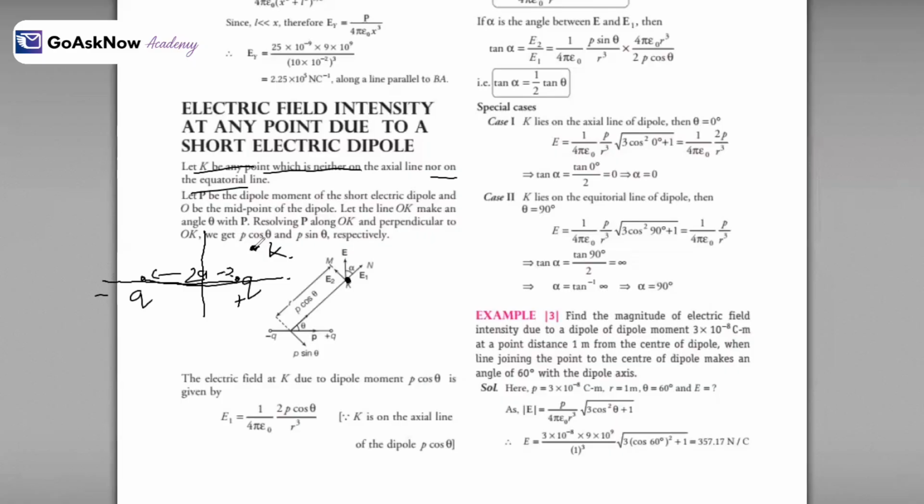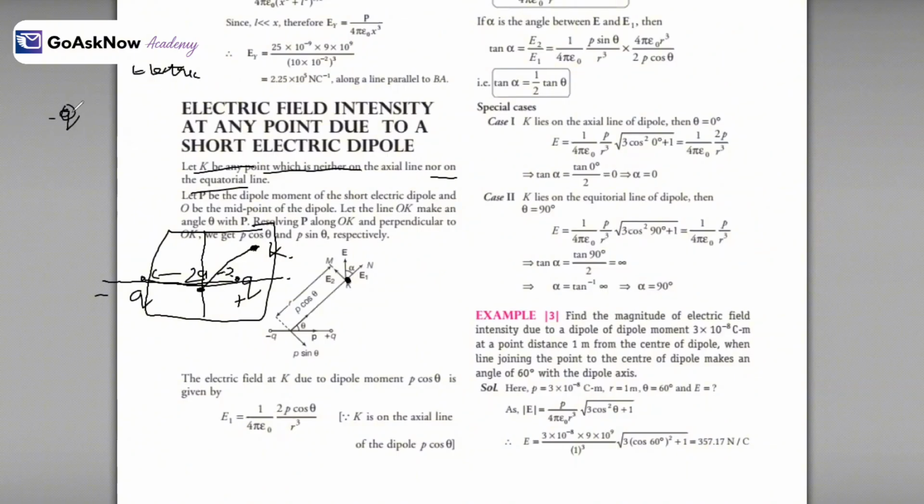So if you join this point with the center of the dipole, in this plane only, not in space, you must take the distance from the center of the dipole, because any distance of the point where you have to calculate the electric field must be taken from the center of the dipole. A dipole is a system of two charges, so you should not take the distance from either charge.